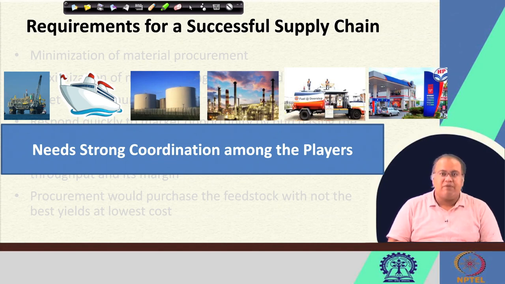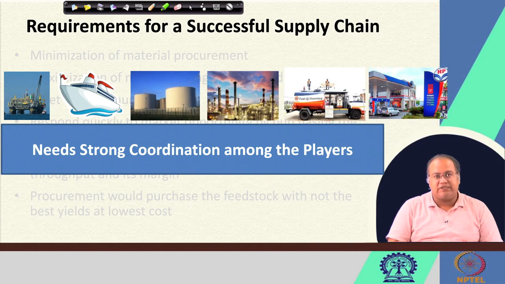Individual players, as I mentioned earlier, do not trust each other, but still if I can develop a solution through which they can coordinate with each other, then that solution possibly gives them a better view of the entire platform, the entire business model, and that way they can help themselves grow further in their business.